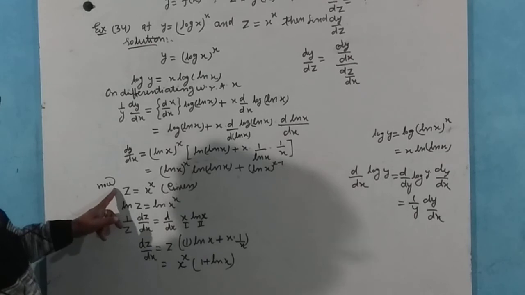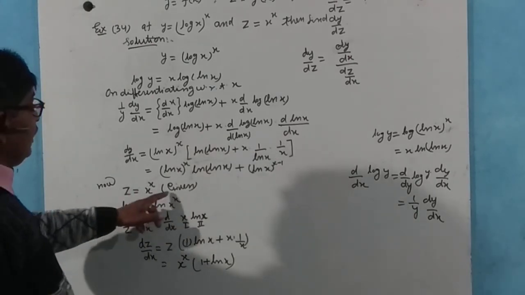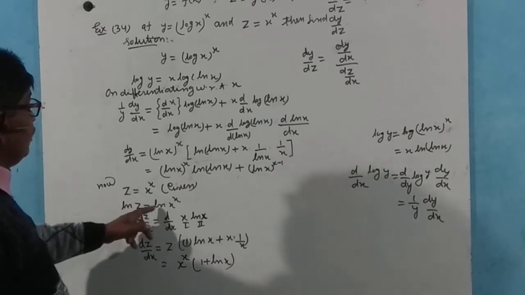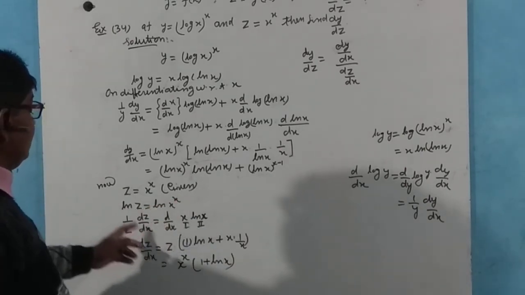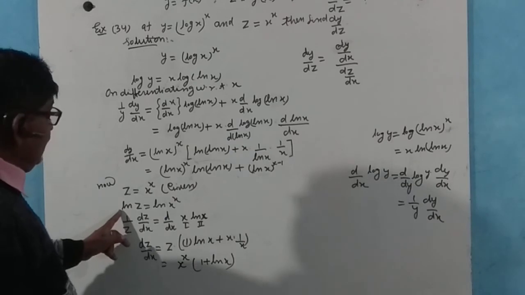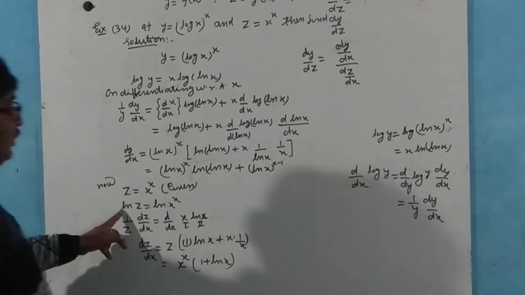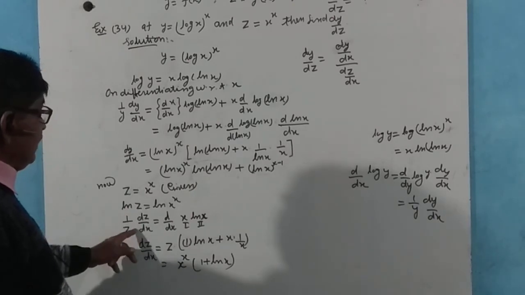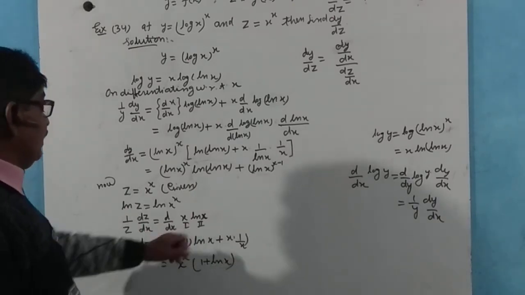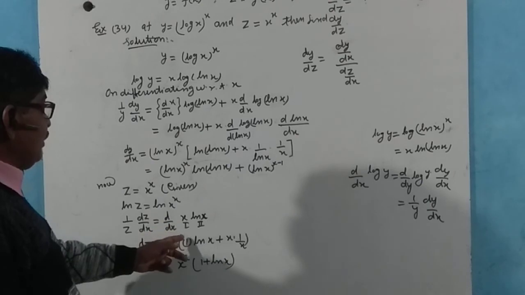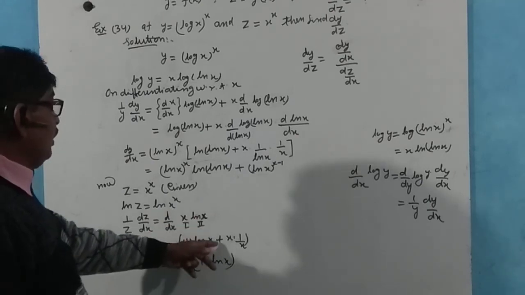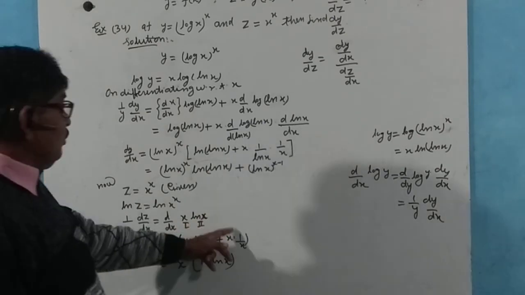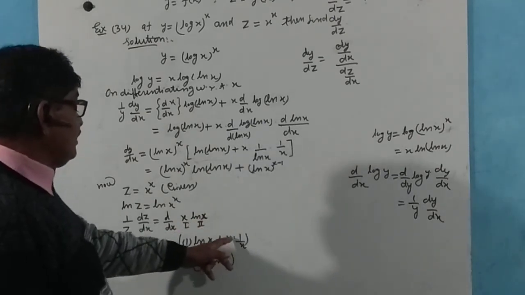As you know that z equals x to the power x, given, taking log both sides, log z is equal to log of x to the power x, which is x log x. In a similar sense, on differentiating with respect to x, 1 by z dz by dx equals first and second term: differentiation of first gives log x, plus x into 1 by x, x cancels, this is 1.